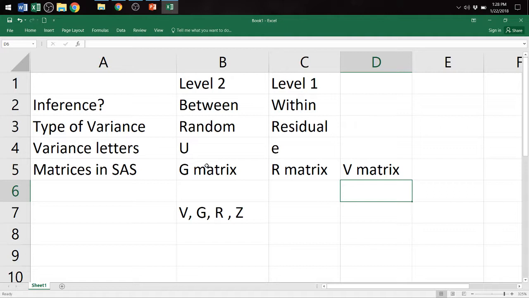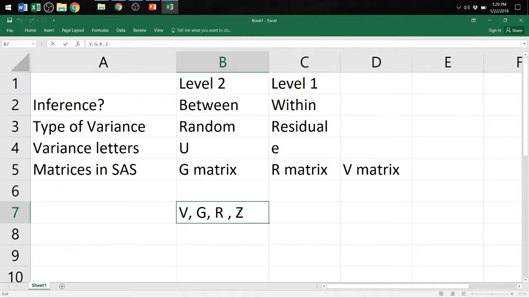It wraps around the G matrix to make it the right shape to be added to R to become V. So conceptually, what Z does is it holds individual specific information, which occasions they have, how many they have. It's what allows each person to have their very own custom V matrix and why MLM can handle incomplete or unbalanced data. It's because of this custom V, and Z is what makes the custom V.